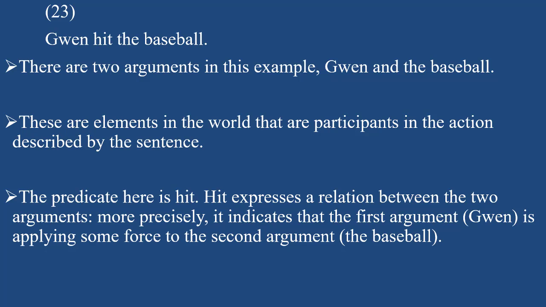The predicate here is hit. Hit expresses a relation between the two arguments. More precisely, it indicates that the first argument is applying some force to the second argument. When we say Gwen hit the baseball, this verb hit shows that Gwen applies some force to the baseball.